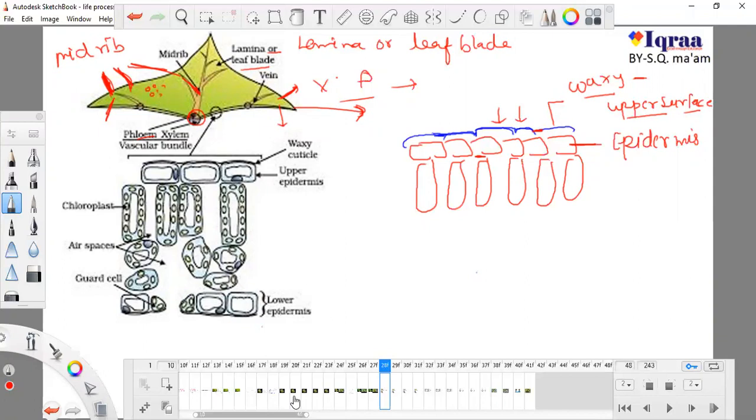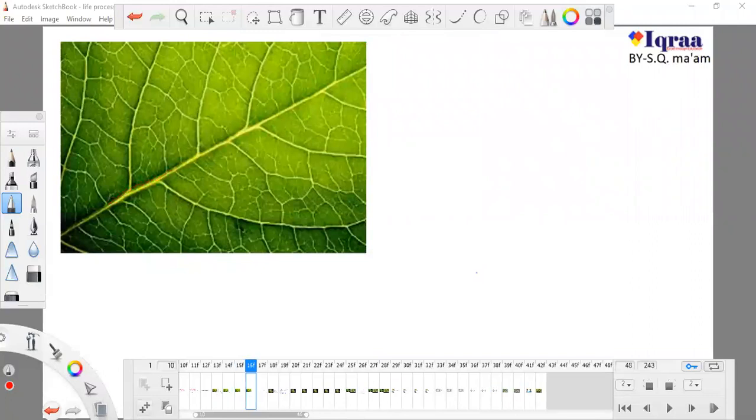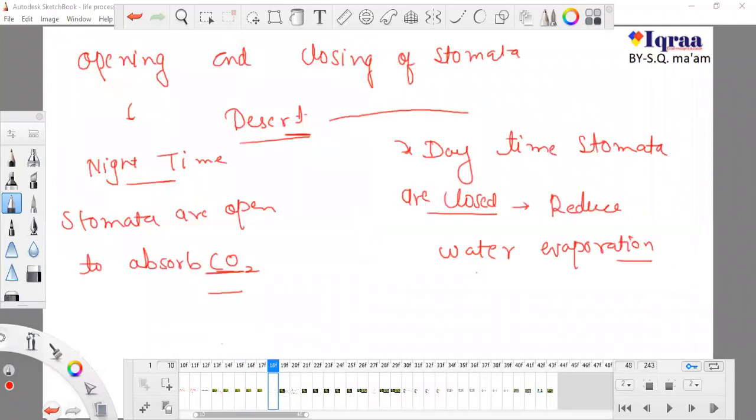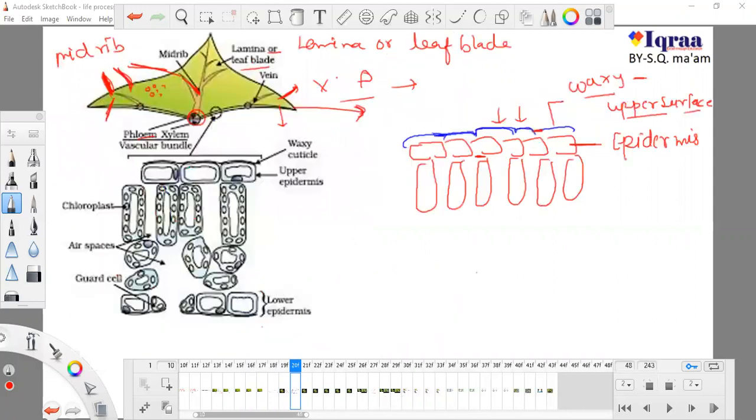Just below the epidermis, if I show you the leaf, there is the outermost surface known as epidermis, and the epidermis definitely has a thick layer of cuticle or wax, but it cannot be seen here, because this is not a microscopic view, it is a normal view. So it has epidermis and it also has wax. And below the epidermis, there are a bunch of cells.